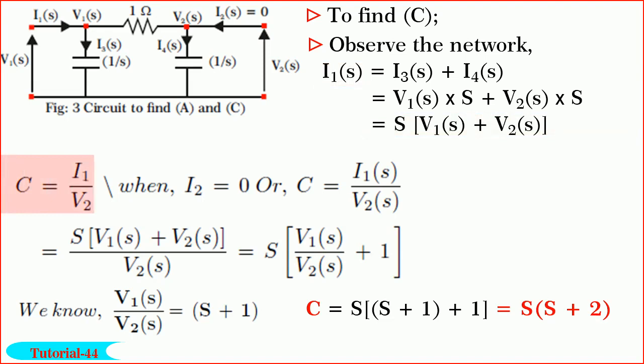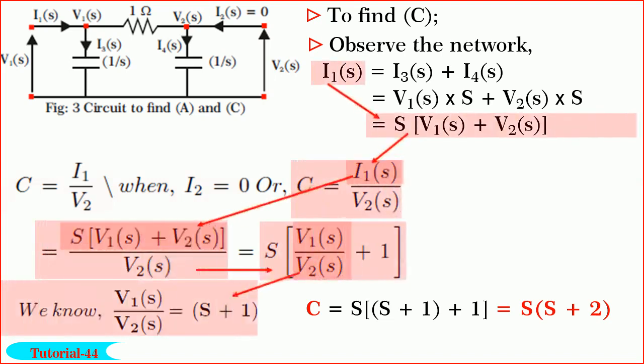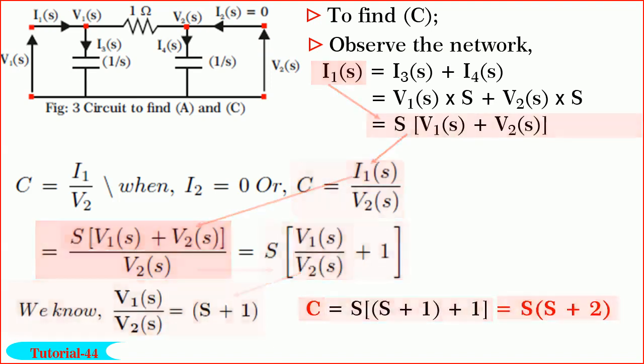But C is equal to I1/V2 when I2 is equal to 0, or C = I1(s)/V2(s). So, by substituting the values and solving, we get C = s(s + 2).